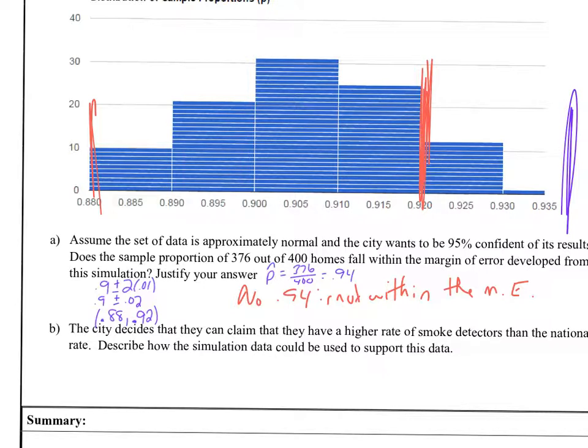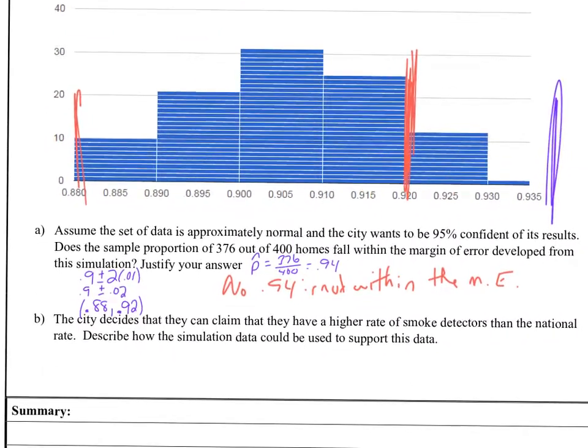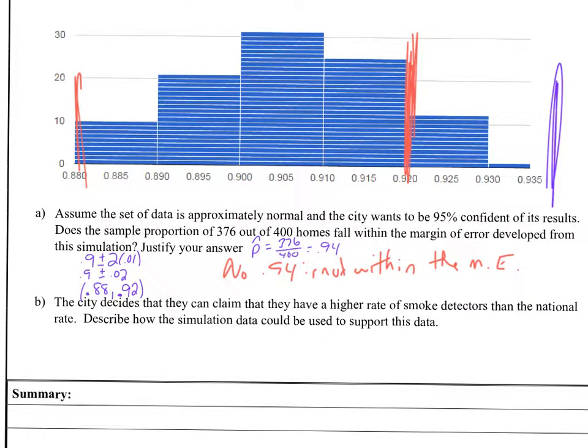So the city decides that they can claim they have a higher rate of smoke detectors than the national rate. Describe how the simulation is used to support this data. Well, where is 0.94? 0.94 is very, very clearly way above.